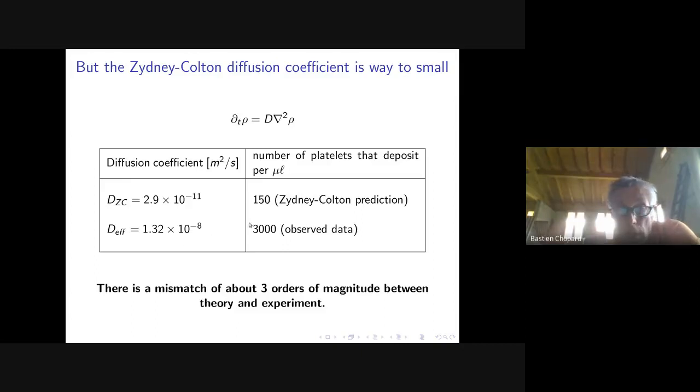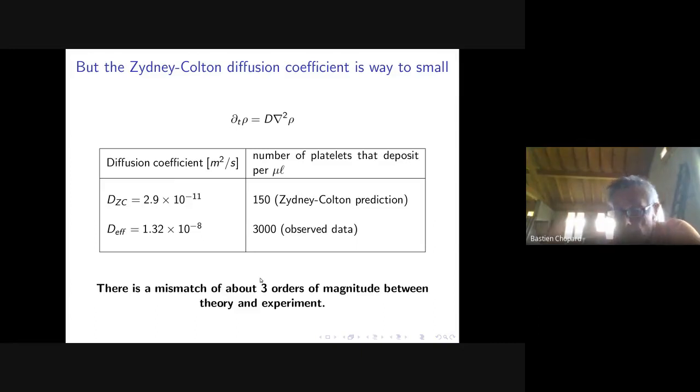But if you do the experiment, you find about 3,000. So there's a total mismatch. So you see that to explain what we observe, the number of platelets that disappear from the bulk, you need a diffusion coefficient which is almost 3 orders of magnitude larger than the theory. So there should be something really wrong somewhere.